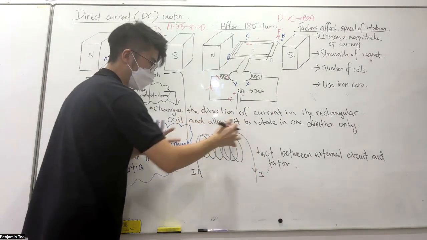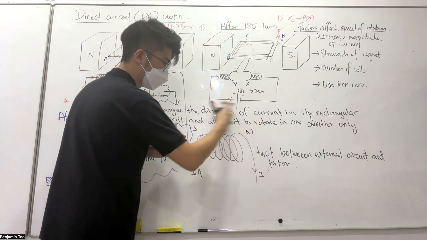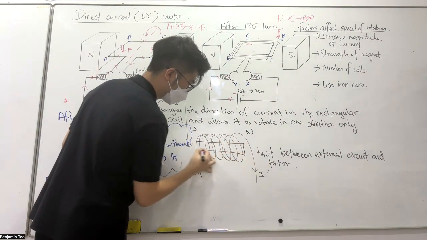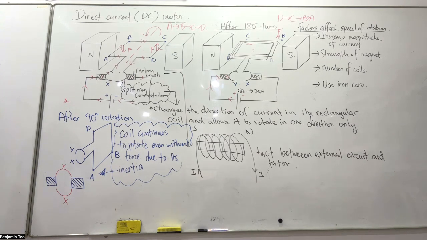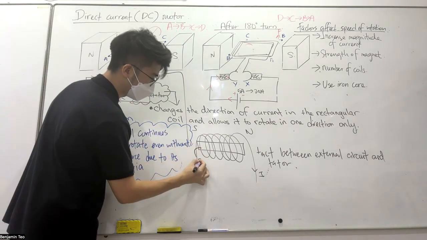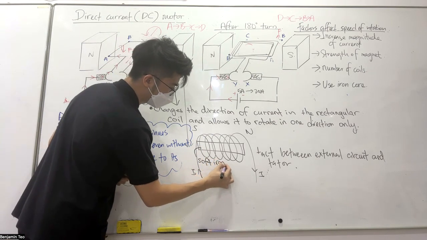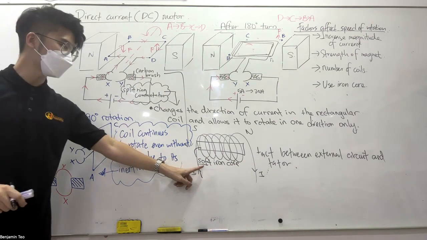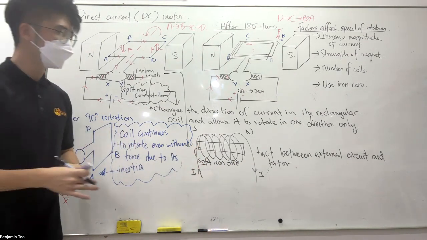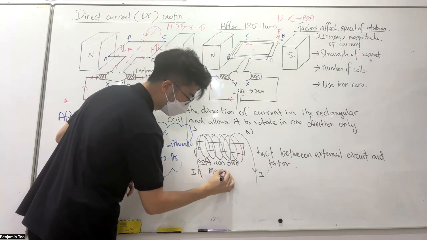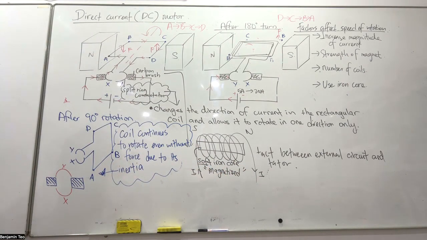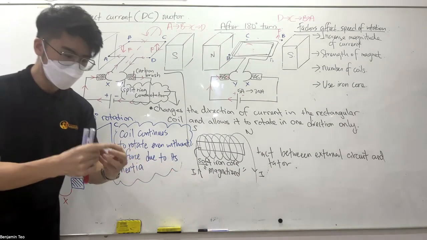Let's say this is the north pole, this is the south pole. You have the magnetic field of the solenoid. What is the difference if I put an iron bar in there? They call it soft iron, a soft iron core. Soft is not the usual meaning of soft; it means this iron is easily magnetized.